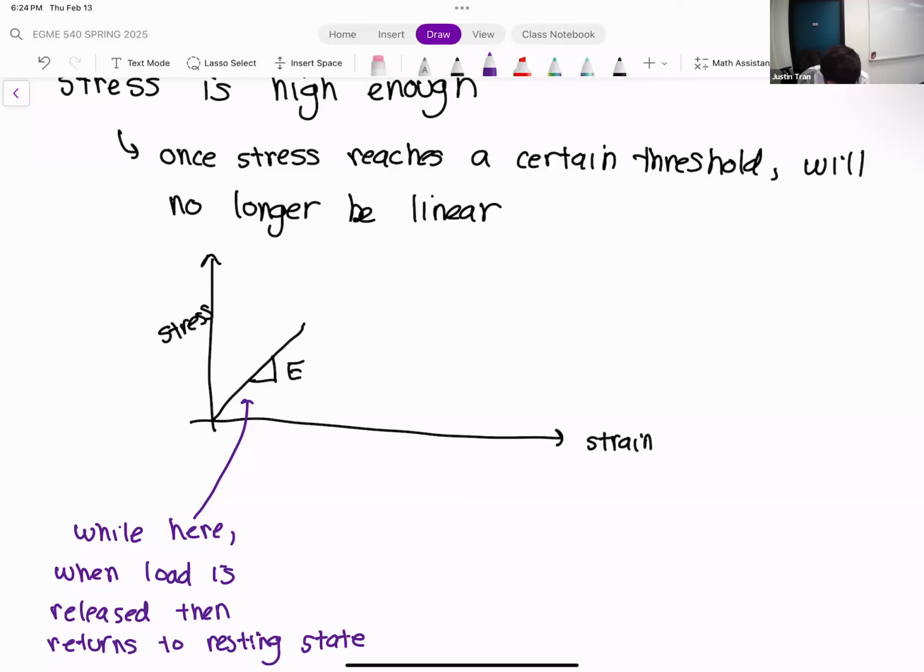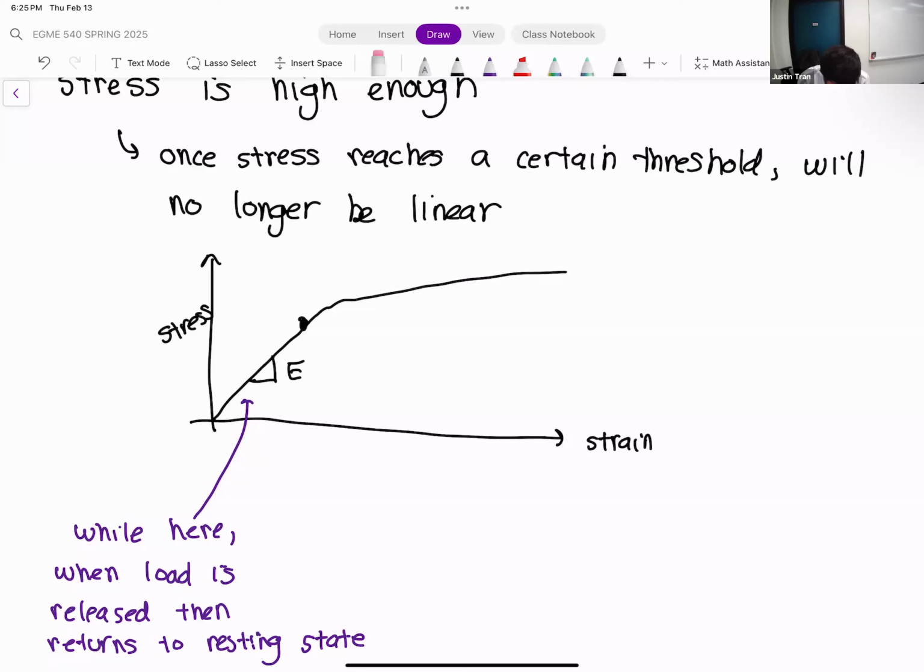You can load a material, or load a part, release the load, and it's just going to come back to where it was before. So all that is good. But every linear material, I should say, has a point where this relationship starts to depart. It's no longer linear.